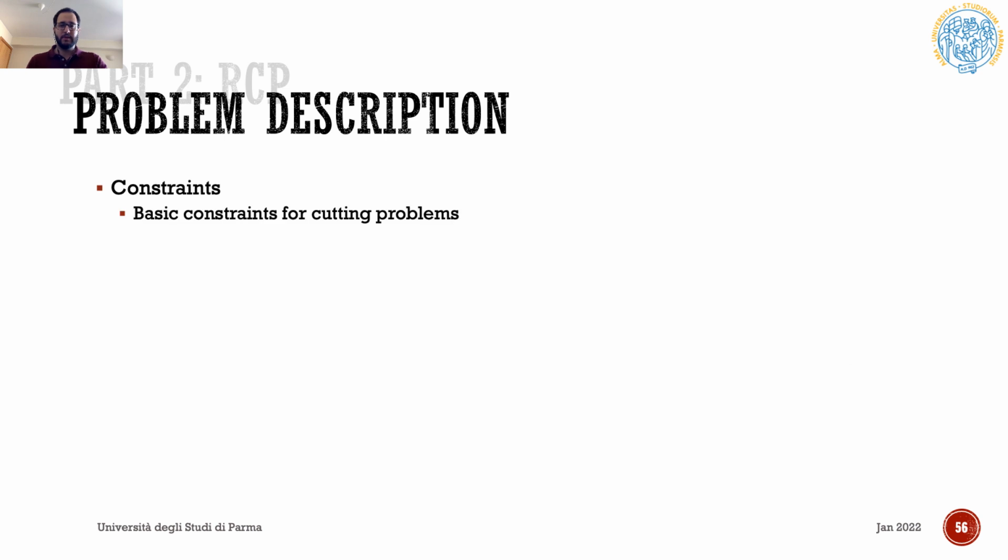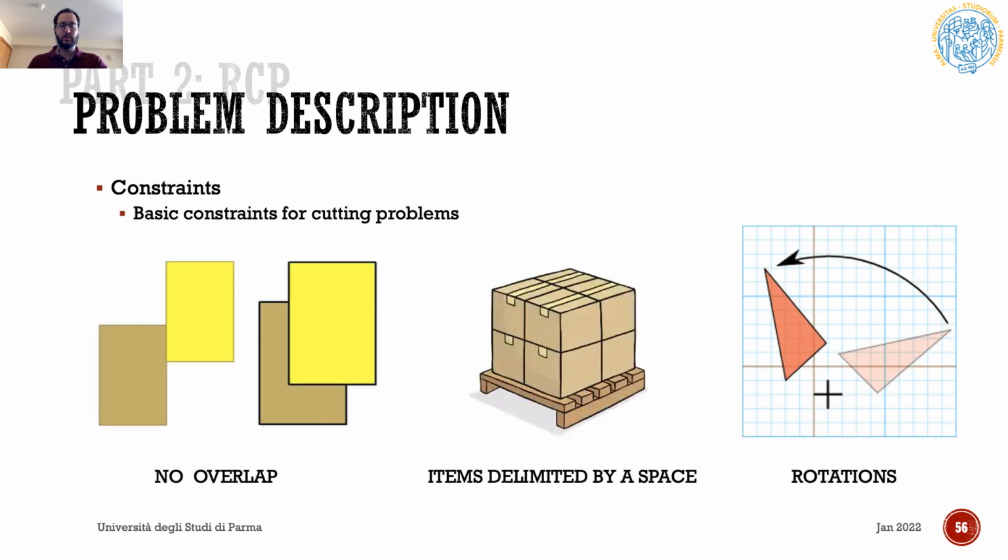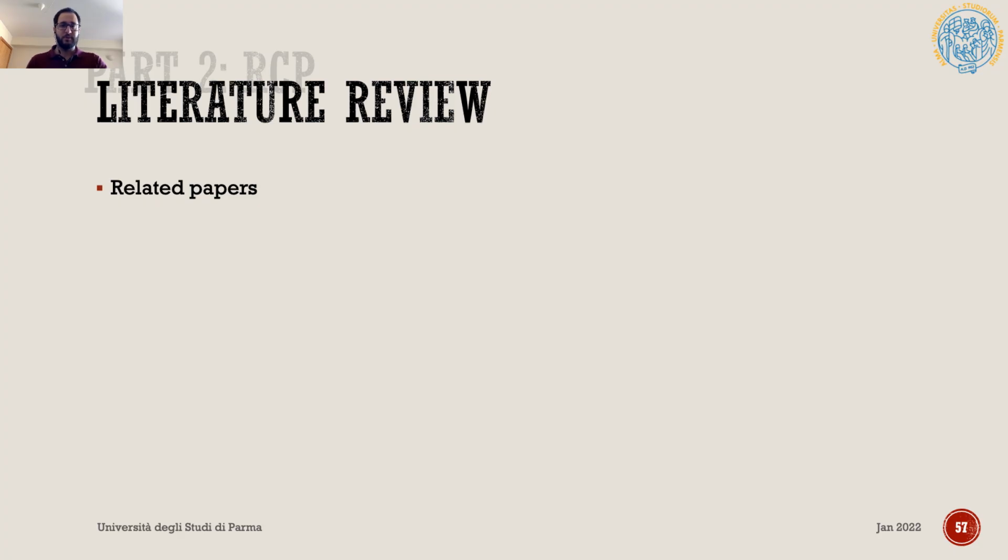Regarding the constraints, we address only the basic ones as we did previously. We base this proposal on the following works. Surveys, the previous ones are useful also here, and we've considered this one to address knapsack problems.